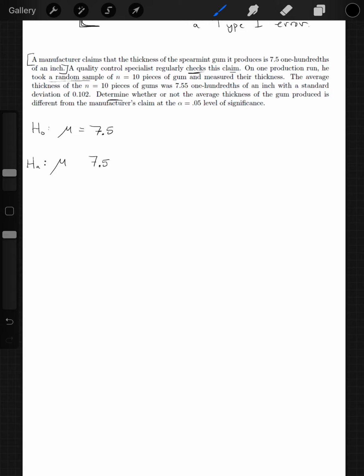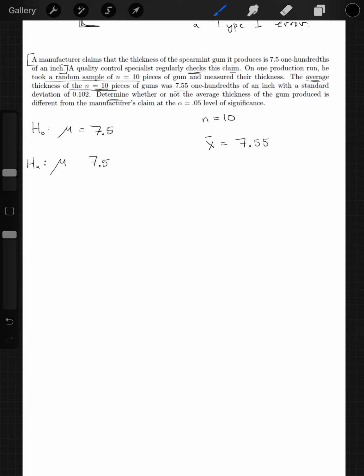So it tells us, took a random sample and gives us n equals 10, right? So that's something that's nice to have right off the bat. The average thickness was 7.55. So that was the average thickness of the 10 pieces of gum. So that's going to be X bar. Right? So average means it's either going to be X bar or mu.